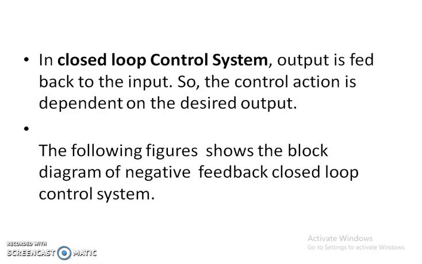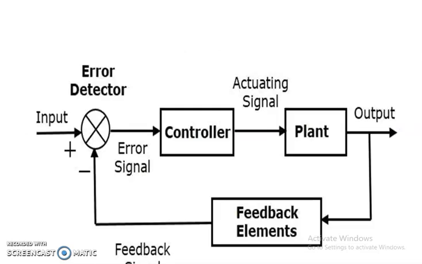The following figure shows the block diagram of a negative feedback control system. This one is the summing point where the input is given to the system, and here the output signal is there. From the output to the input, a feedback element is directly connected to the summing point. At the summing point output we get the error signal.